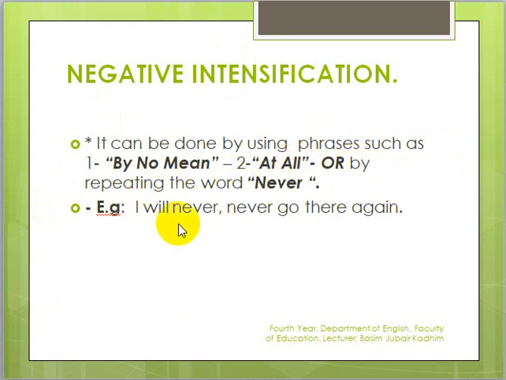For example, I will never, never go there. Here the first never is the normal negative word, while the second never is the intensification of the negative word. So here the sentence is intensified in terms of negation. Or we can say I will never go there again, by no means, or at all.